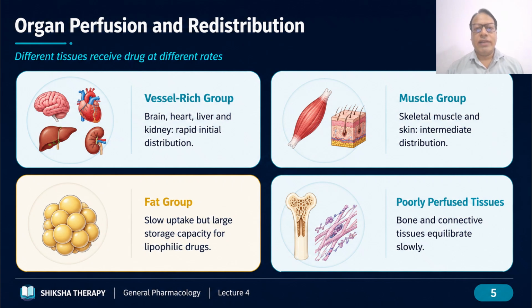Bone and connective tissues are poorly perfused, so drug equilibrium is much slower. Simple point to remember, high blood flow means faster initial drug delivery. In some cases, a drug may later move from a highly perfused organ to other tissues. This process is called redistribution.